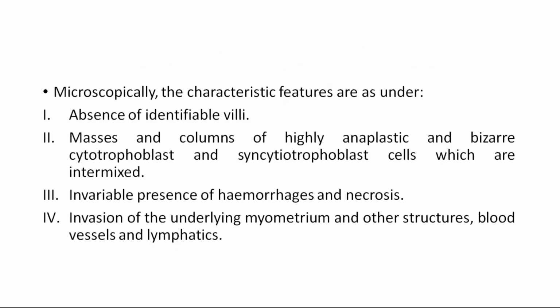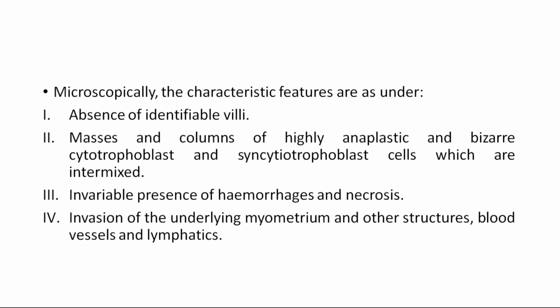So coming to the microscopy, the characteristic features are described as under, that is the absence of identifiable villi, that is the absence of normal villi. Masses and columns of highly anaplastic and bizarre cytotrophoblast and syncytial trophoblast cells which are intermixed.